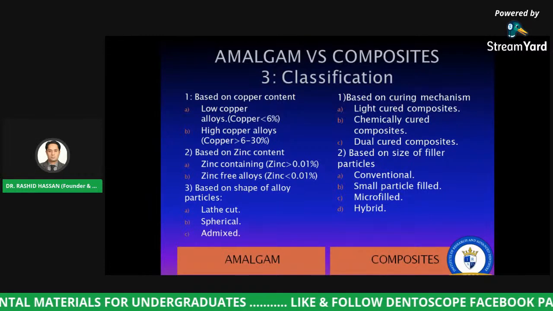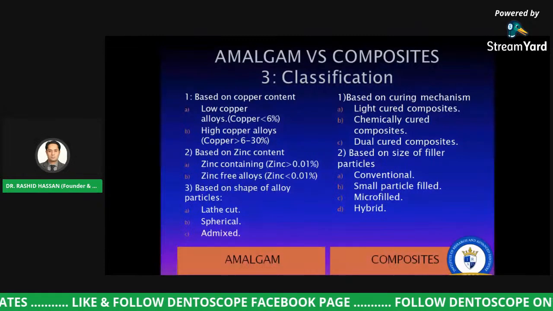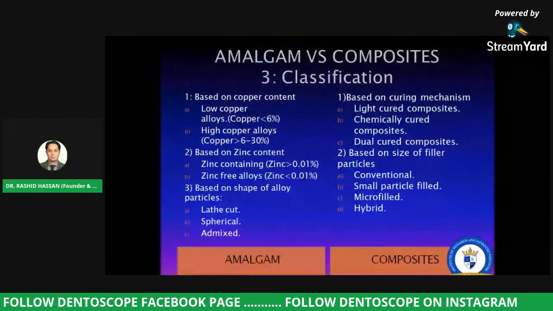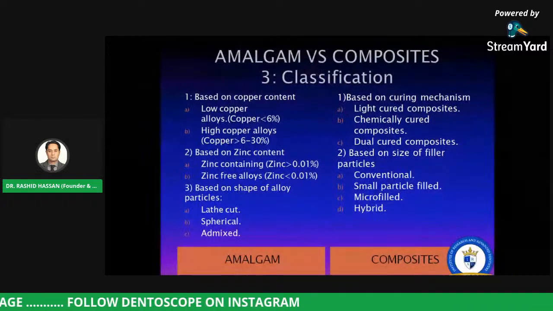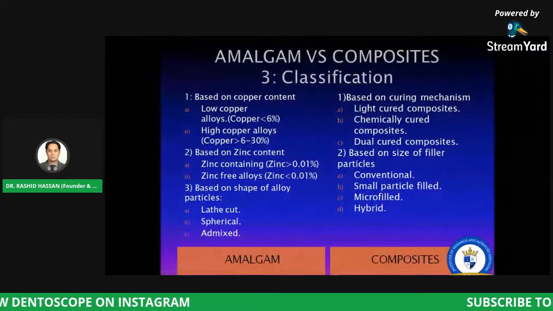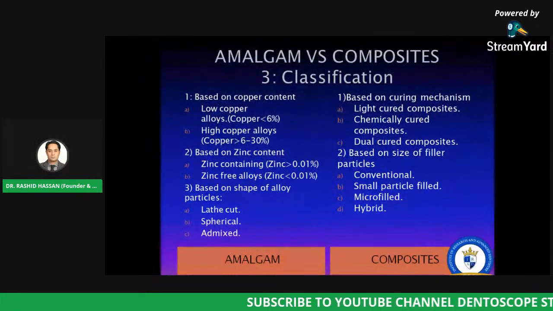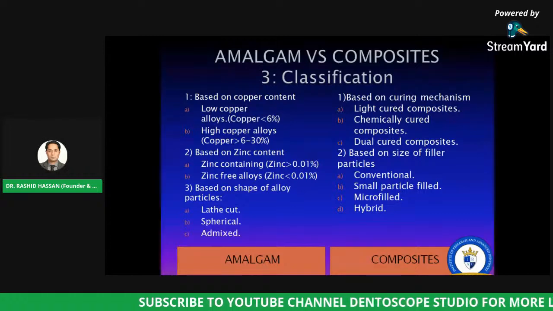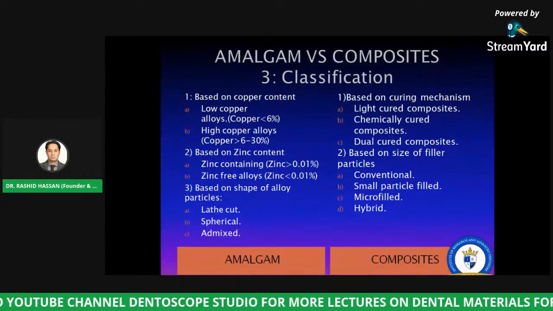Now coming to the third one, based upon the shape of the alloy particles. The alloy particles, the powder component of dental amalgam: what is the shape of the particles present in the powder content? It can either be lathe cut or spherical, or the third one, which is admixed.